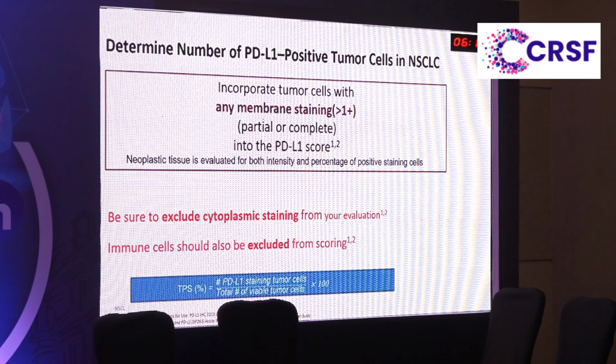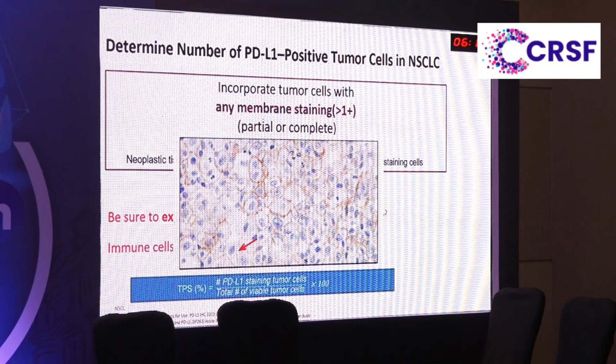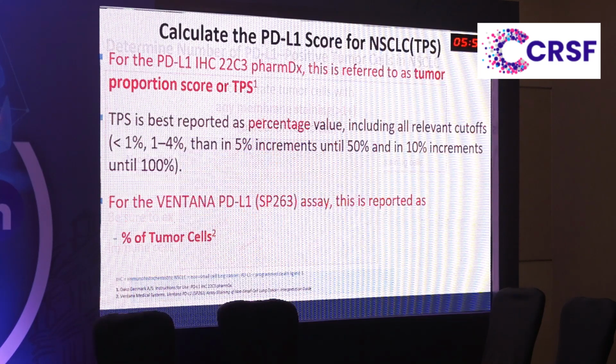At the end, we take the number of positive staining tumor cells divided by the viable tumor cells, and the score comes. As you can see from the picture, there are some cells showing weak expression, but they are also counted. So this is how it is different from HER2, which is also a membranous stain, but where only strong and complete staining is accounted for in the calculation.